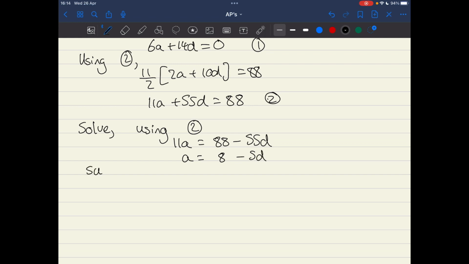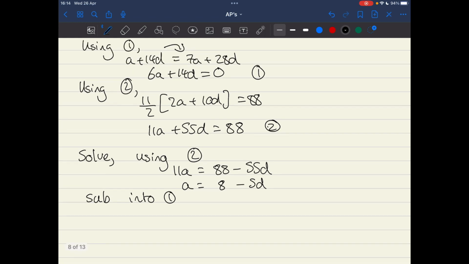Sub that into equation number 1: 6 bracket 8 minus 5d, plus 14d, is equal to 0. So I got 6 times 8, which is 48, minus 6 times 5, which is 30d, plus 14d is equal to 0.